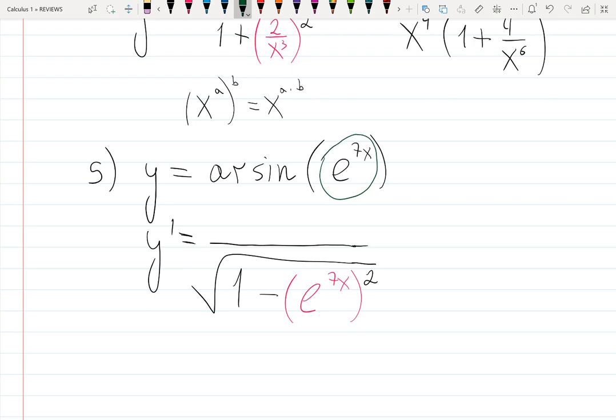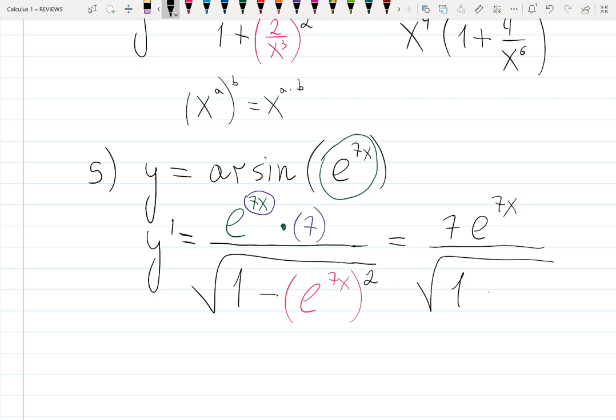The function inside is an exponential function. Exponential function copies itself when you differentiate it. But then don't forget to multiply by the derivative of the exponent. That's 7. So the final answer looks like 7e to the 7x all over the square root of 1 minus e to the 14x, because 7x times 2 is 14. That's a good answer.